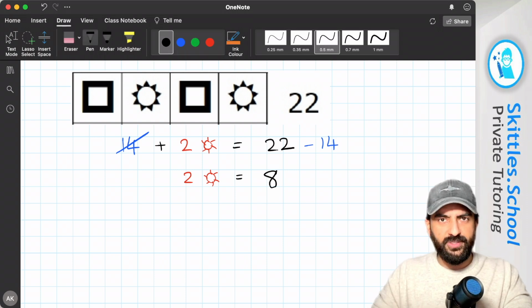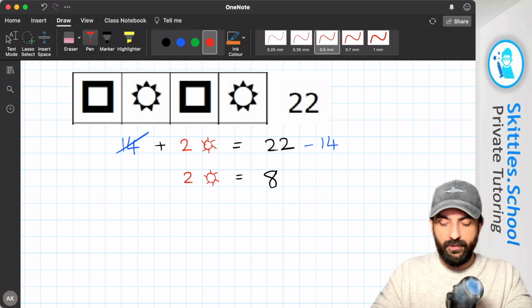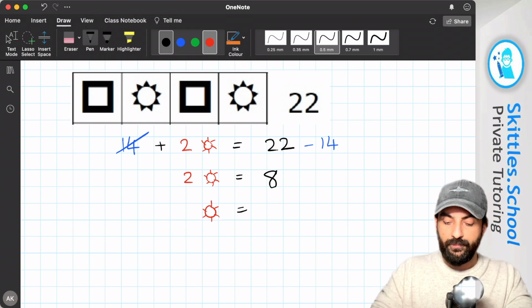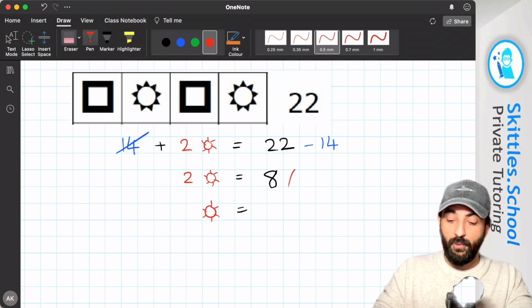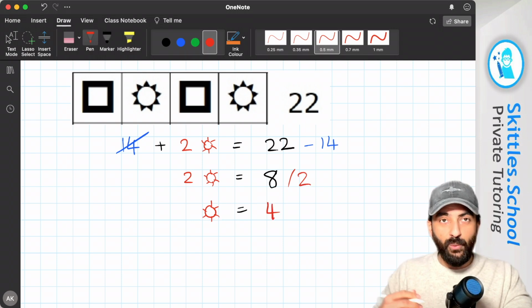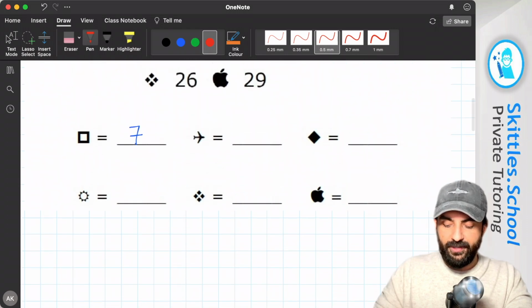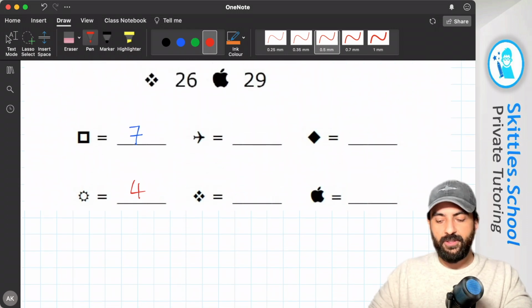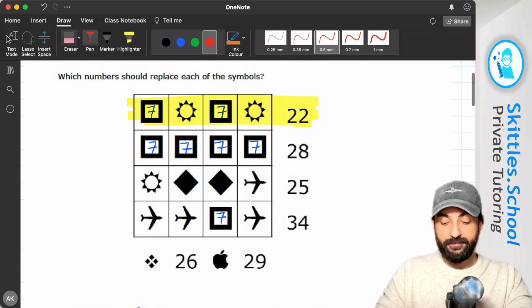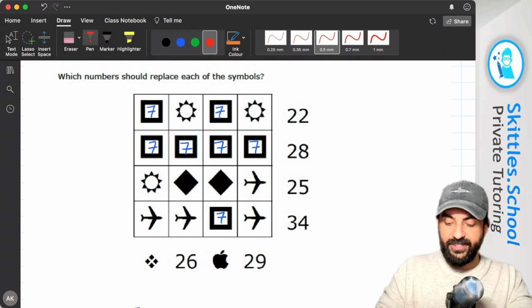So if 2 suns is equal to 8, 1 sun must be equal to 8 divided by 2, which is 4. So now we've worked out the value of a sun. So let's put that into our answer and onto the grid. So each sun on the grid is equal to 4.